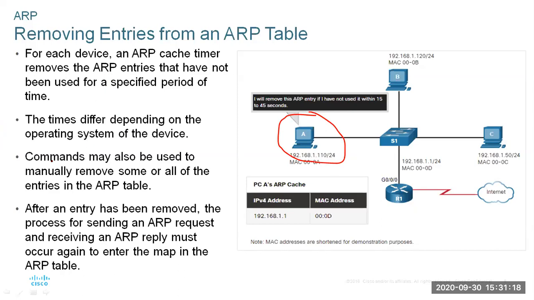Okay, so commands may also be used to manually remove some or all of the entries in the ARP table. So after an entry has been removed, the process of sending the ARP request and receiving an ARP reply must occur again to enter the map in the table.